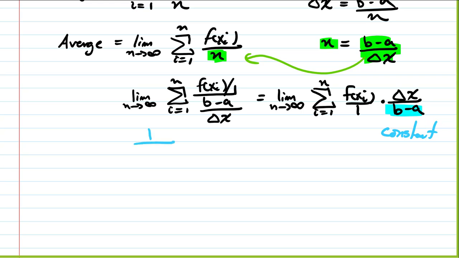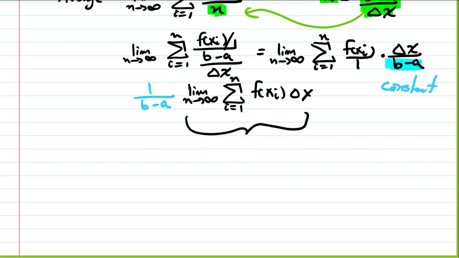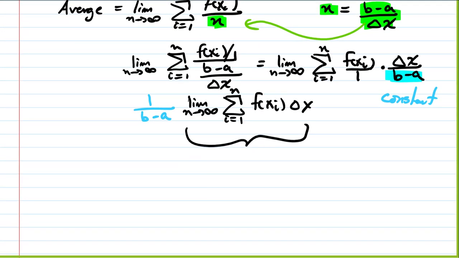So we have 1 over (b minus a) times the limit as n goes to infinity of the sum as i goes from 1 to n of f of x sub i times delta x. This is exactly the definition of the integral of the function from a to b.